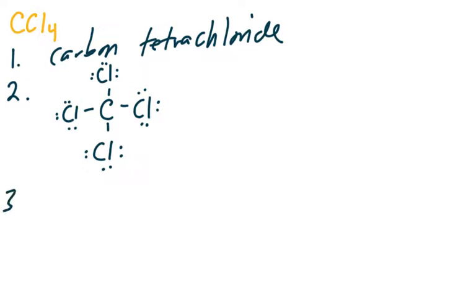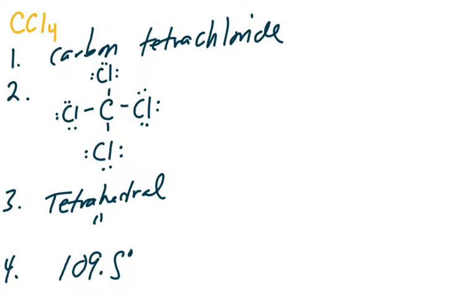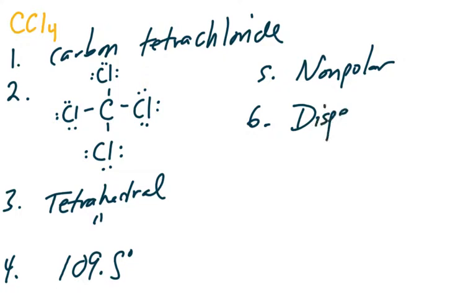Next is electron geometry and molecular geometry. In this case, they're both tetrahedral. Then estimate the bond angles between carbon and chlorine: all of them would be 109.5. Determine if it's polar or nonpolar. This is nonpolar, so the forces are dispersion.